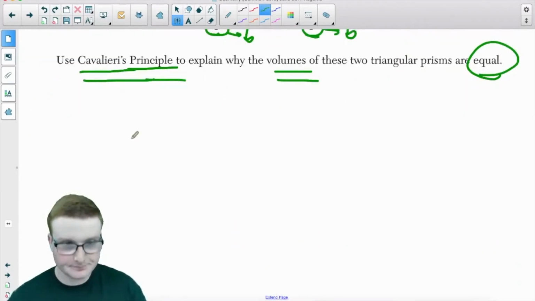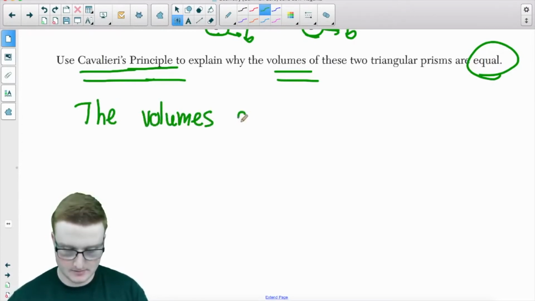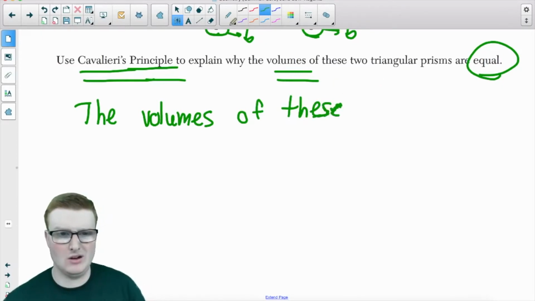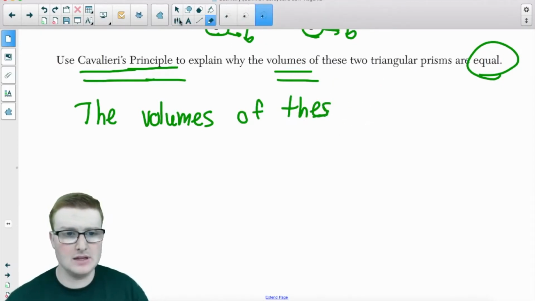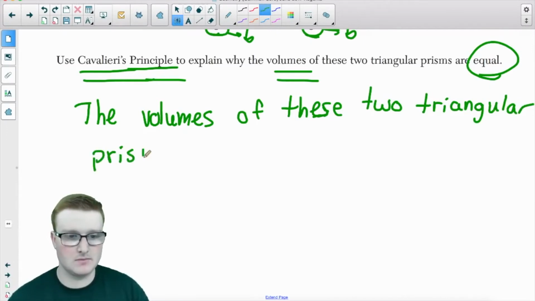Here we go. What you need to say is this. The volumes of these two triangular prisms are equal.